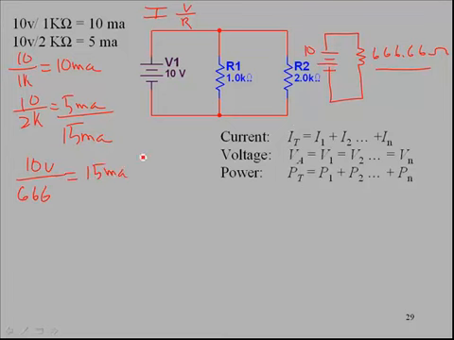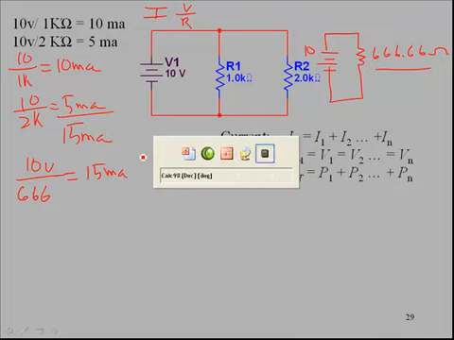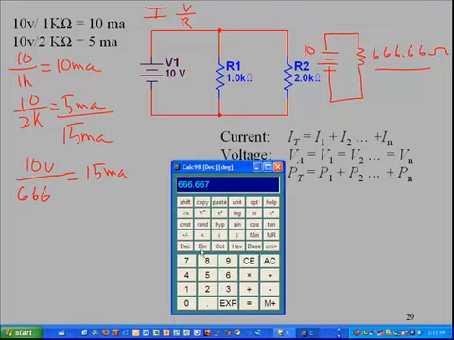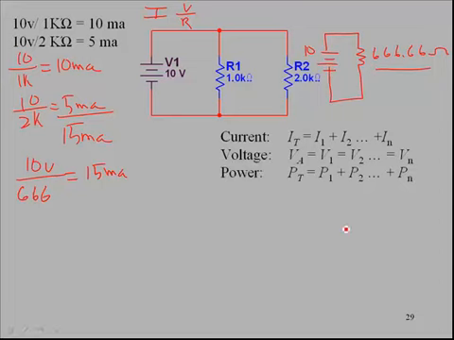And if we were to grab our calculator real quick, let's see if we can quickly confirm that. If we take 10 divided by 666.6 equals, and 15 milliamps is in fact the answer. Okay, so we calculated the current.